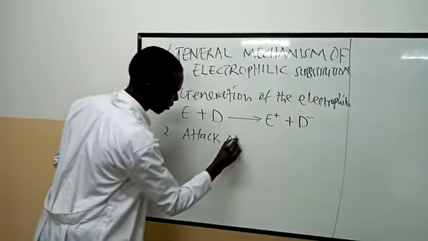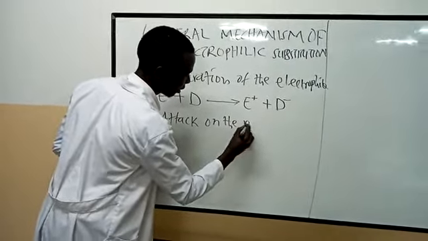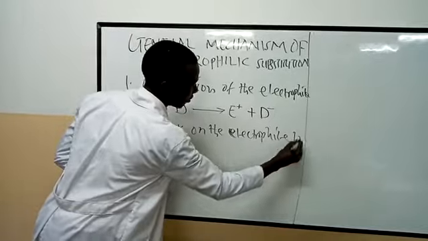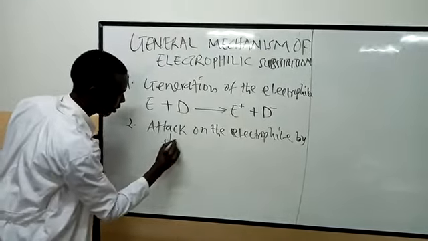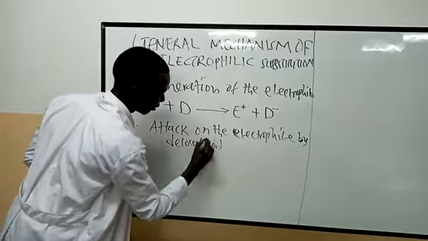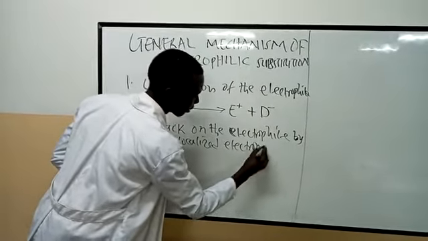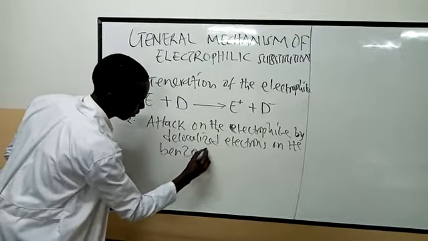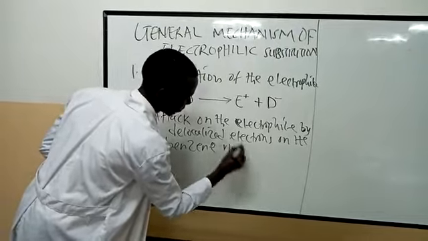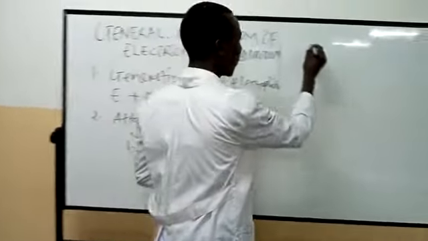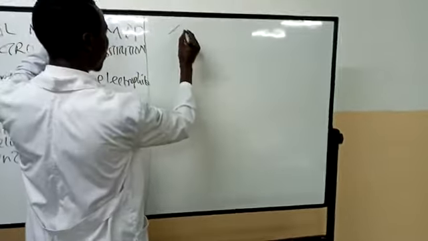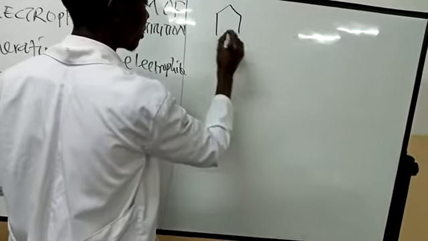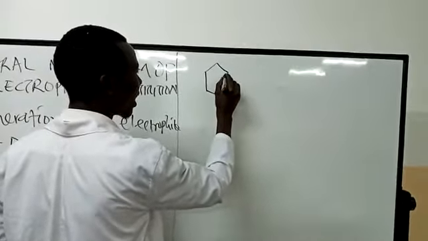So, we have the benzene ring there with the delocalized electrons.